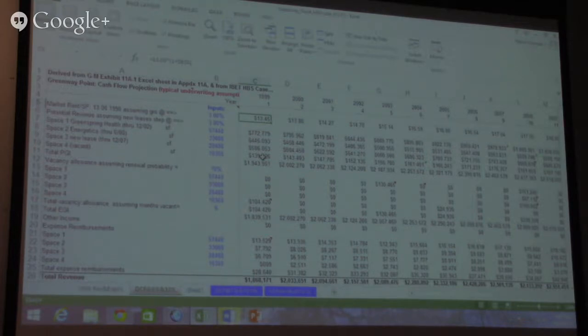For this case, we've used 13.06, whatever is given, but you can use 15 if you're very confident about the market. The 1306 was the existing leases for Green Spring and Energetics, so I'm assuming that's where that came from.